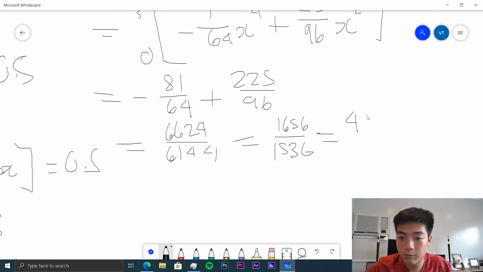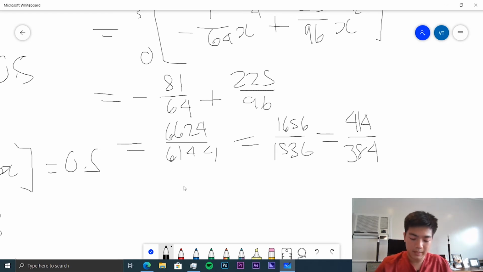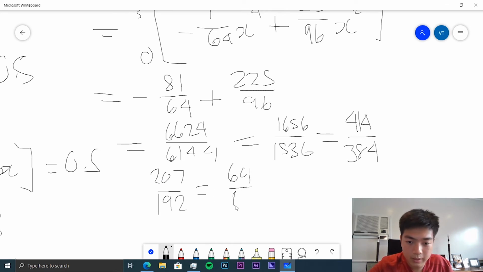So we have 414 over 1536 divided by 4, 384. These aren't divisible by 4, but they're divisible by 2 still. So it's 192 divided by 414 over 2 is 207. Both divisible by 3, so divided by 3 is 69/64. So the mean is 69/64.